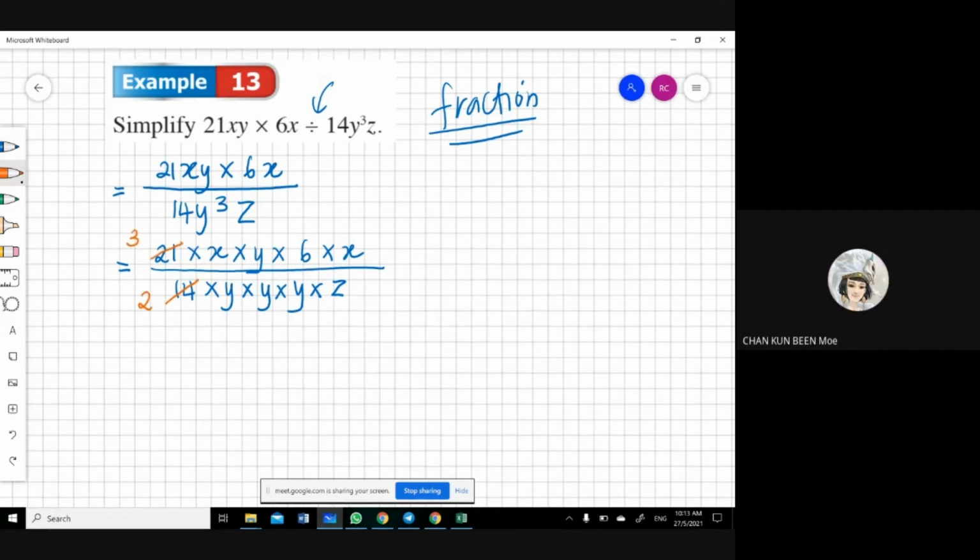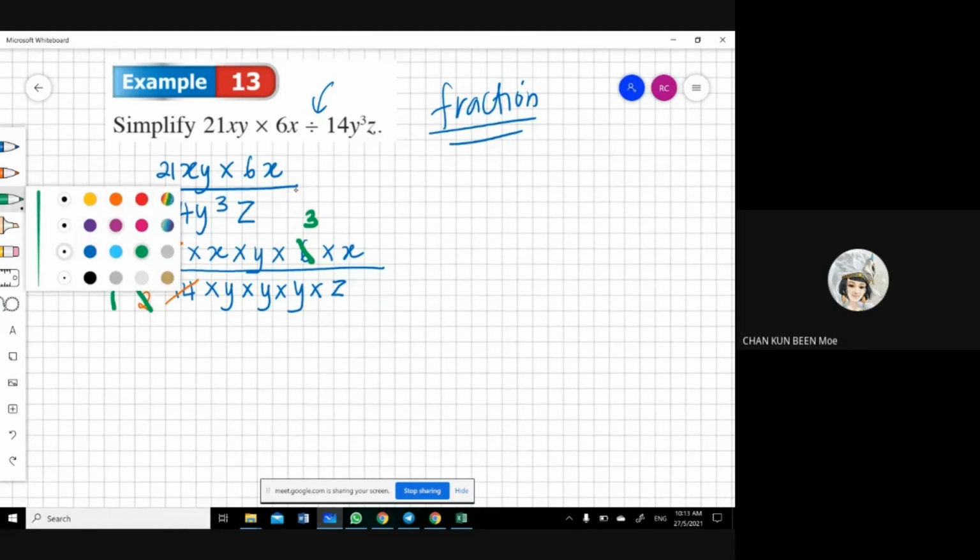Okay, so we hold on that one first. Then if you look at the number that we have another 6 here. So we also can simplify the 6 with the 2. 2 times 1, 2. 2 times 3, 6. Okay, so we have done for the number already.